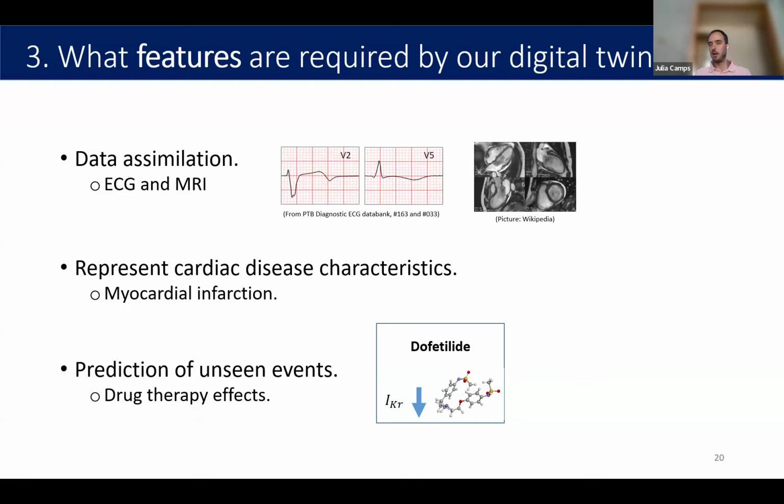We want this virtual cohort to be representative, we want it to be physiological, and we want it to have all these realistic properties that we would have if we were using real people collected at random. We also need to be able to represent the characteristics of the disease, of course, because that's part of our context of use, and we need to be able to predict unseen drug effects, specifically for this drug, because we have established that there is no previous data for this drug.